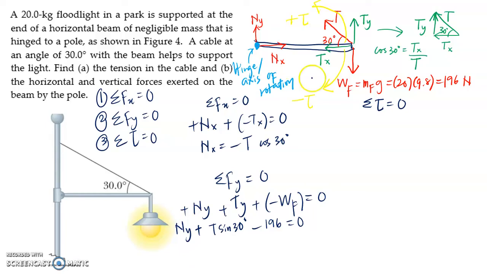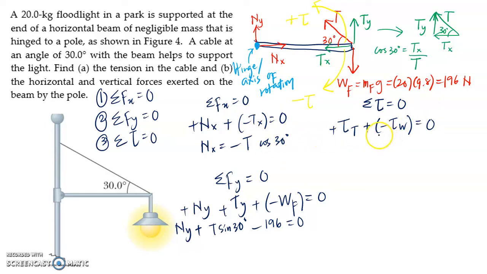So now we can put in the two torques here. The first one, positive torque, if you recall, is due to the tension, plus the negative torque, which is due to the weight of the floodlight, and it is going to be equal to 0.